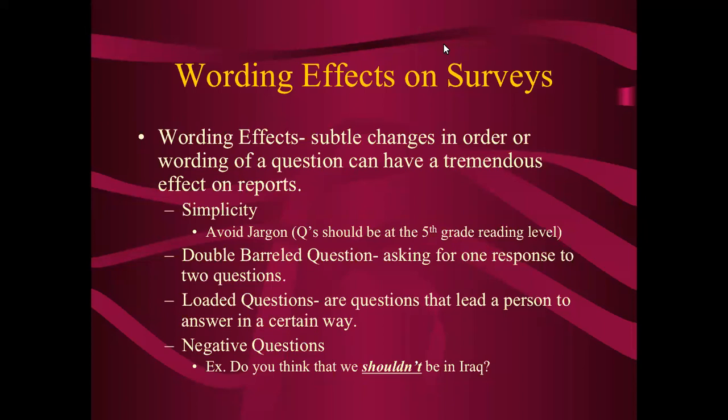People are still going to feel pressure to answer your question, but they're not going to be able to answer it accurately because they don't know what it means. So the question I asked is, in your recent myocardial infarction, did you have hypertension? Wouldn't it be better to say, in your recent heart attack, did you have high blood pressure? That's the same question, but phrased in a more simplistic way.